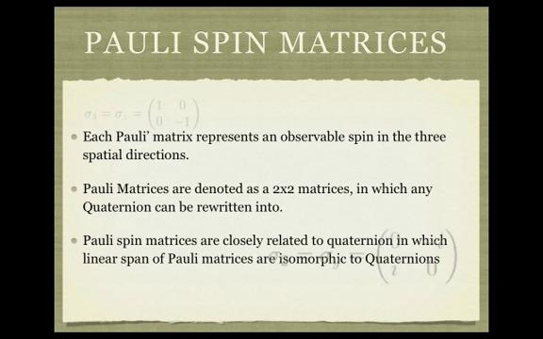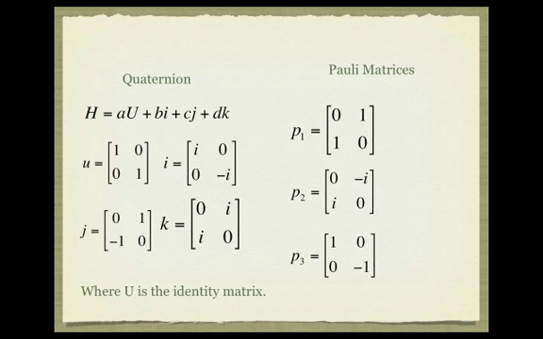We can basically complete the rotation using the operation. Pauli spin matrices are closely related because they're basically isomorphic to the quaternion group. On the next slide, you can see that the three Pauli spin matrices I gave you are basically isomorphic to the quaternions.